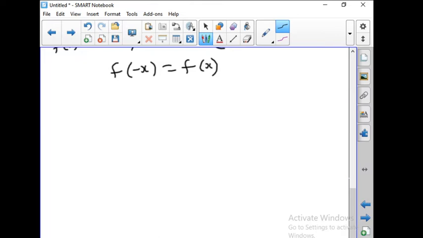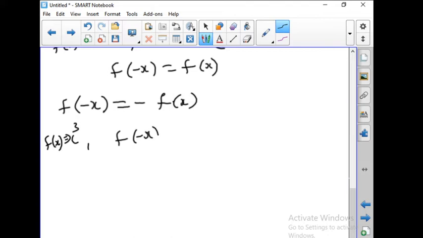A real valued function f is an odd function when f of minus x is equal to minus f of x. Example, f of x is equal to x cube. What is f of minus x?